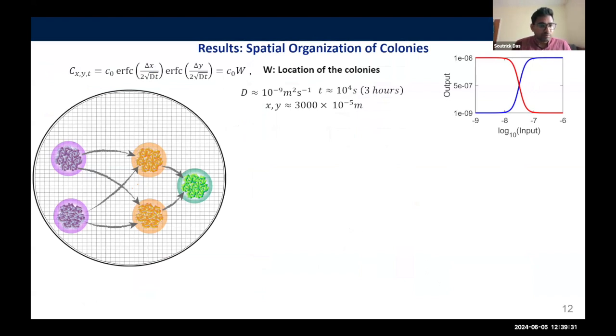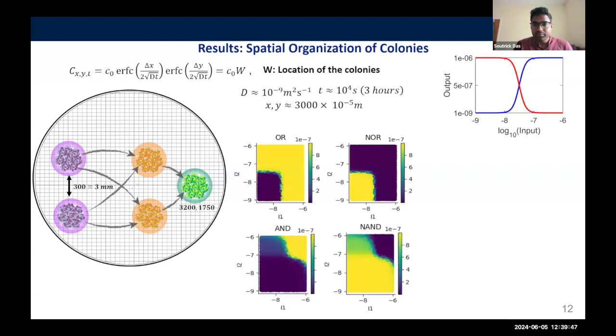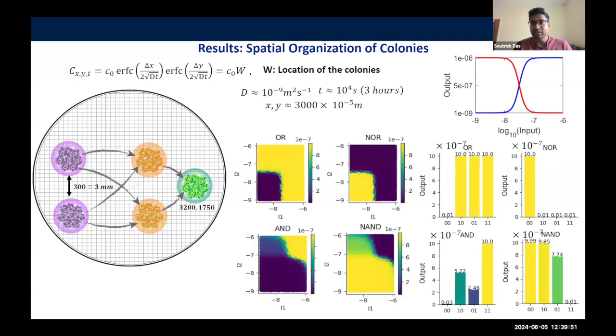And we did add some constraints to this model. We fixed the location of the output node and set a constraint that each node has to be at least 3 millimeters apart. We get pretty good results for all the logic gates and really good fold changes for the outputs.